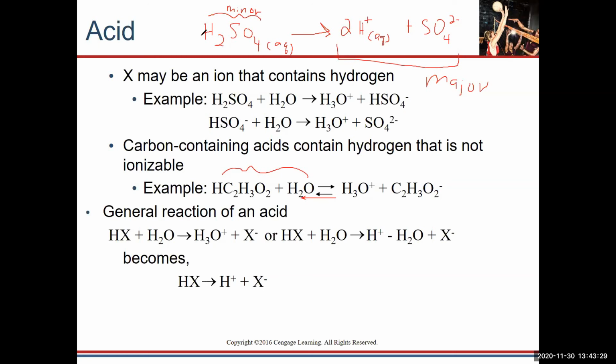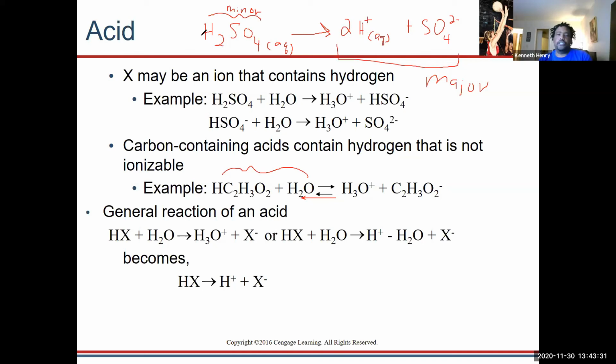Oh, okay. So that 0.0001%, right, does exist, but it's very little. Now your major species here in this acid is this guy. This here's your major species.